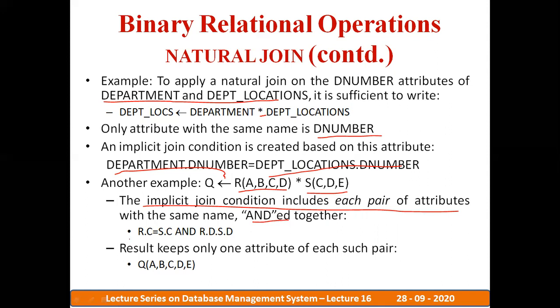That means R dot C is equal to S dot C and R dot D is equal to S dot D. The resultant table will only have the columns that are unique across relation R and relation S. So that's why we have kept A, B, C, D, E. C and D are already there in relation R, so I have not included them from relation S, but E is not there, so we have included that.